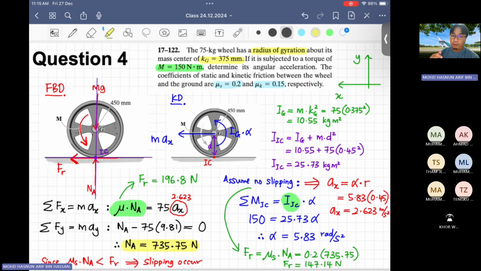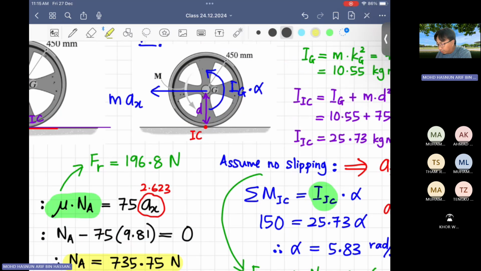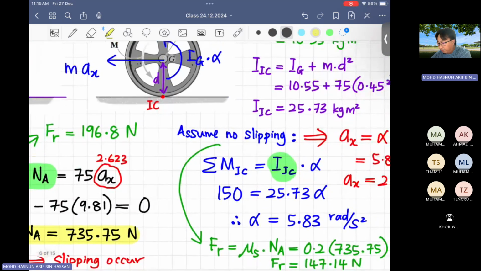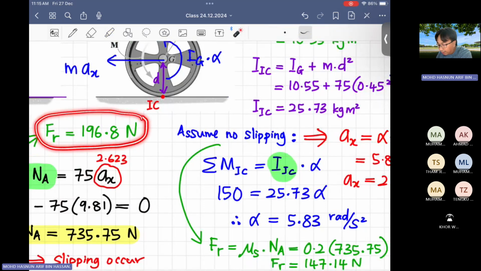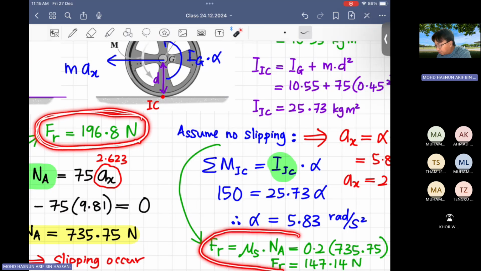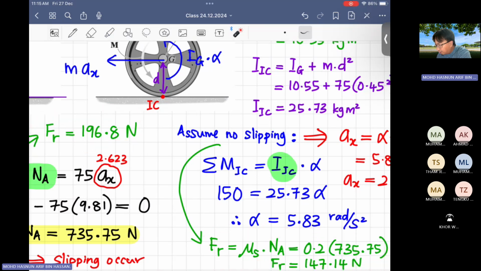So assume no slipping occur, and then you will need to check the friction force. Here you have to compare the friction. Assuming no slipping occur, you will get this friction, 196.8. And by using mu s times Na, you will get another value of friction. And if you see that this value is smaller than this, which means that assumption of no slipping occur is wrong.